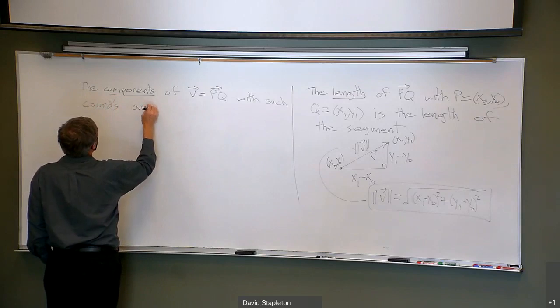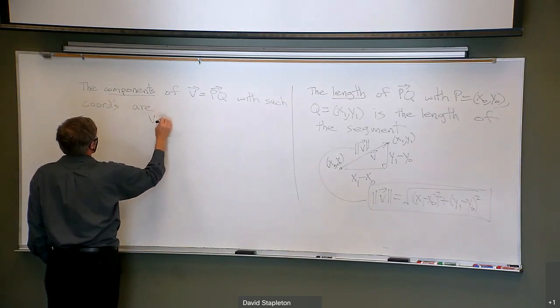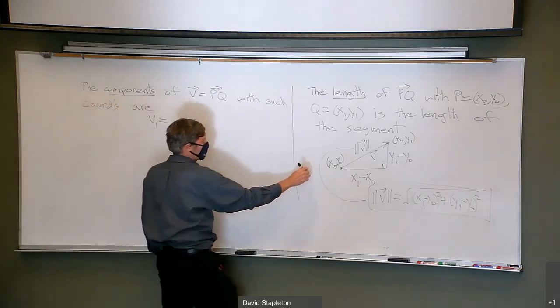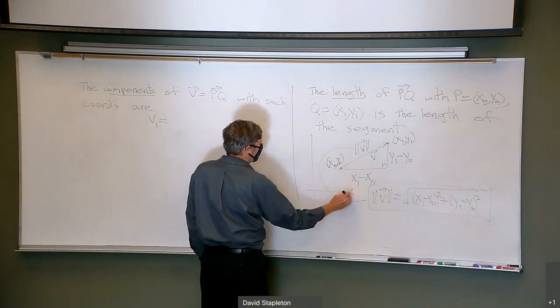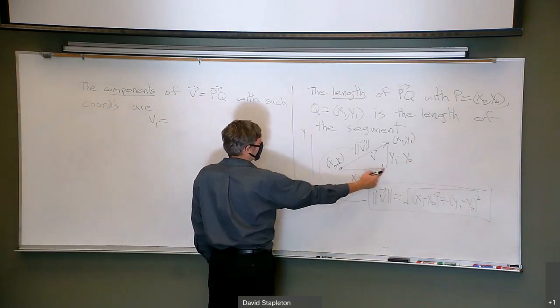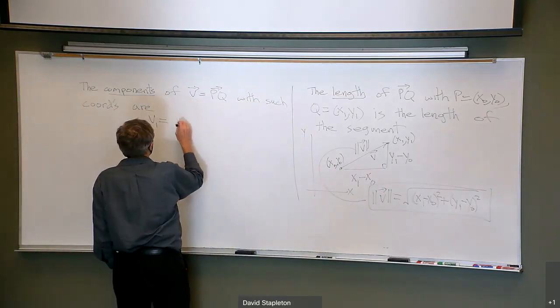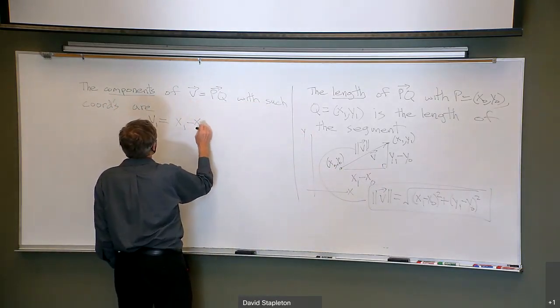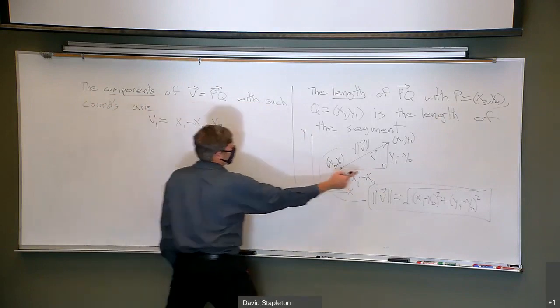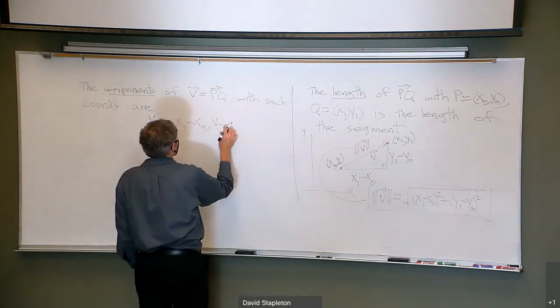Then V1 will be the displacement in the x direction, going from x0 to x1, so it is x1 minus x0, and V2 the displacement in the y direction is y1 minus y0.